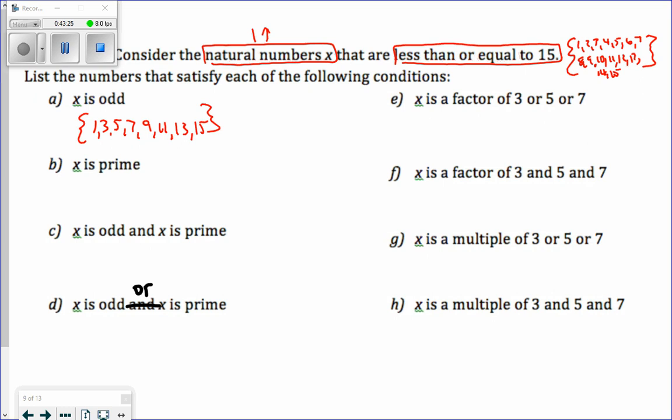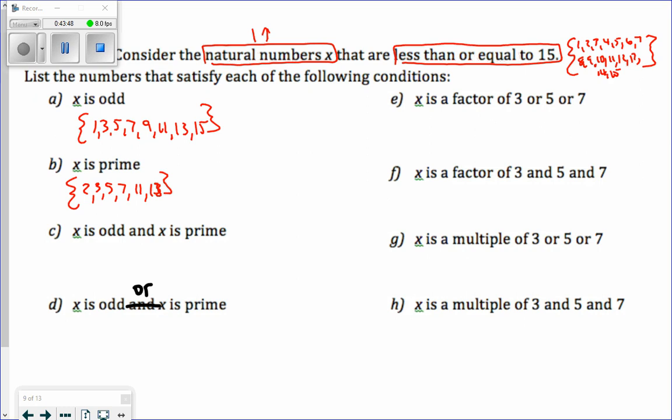Okay. From that list, which are prime? That's a 3. Okay.